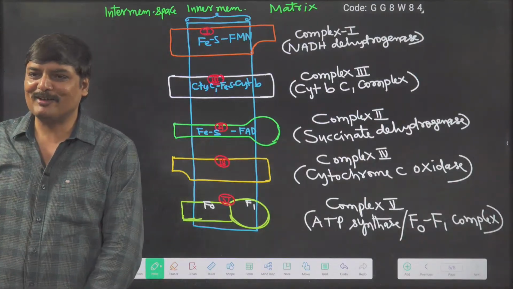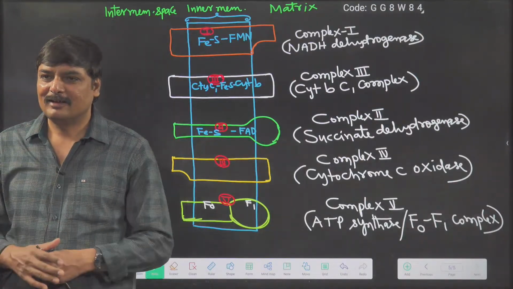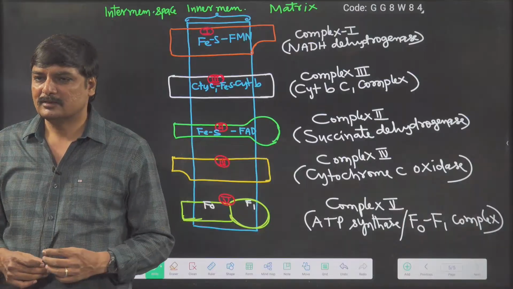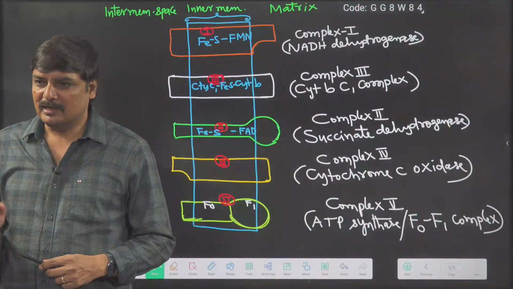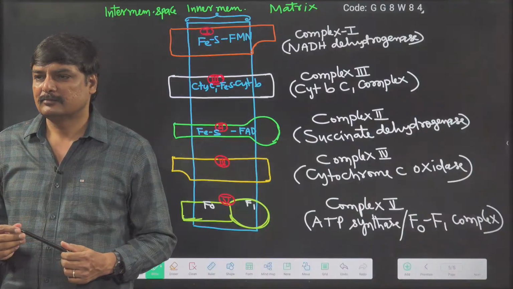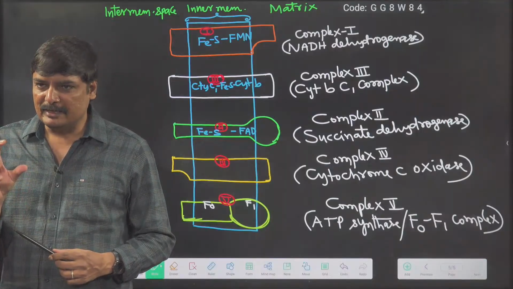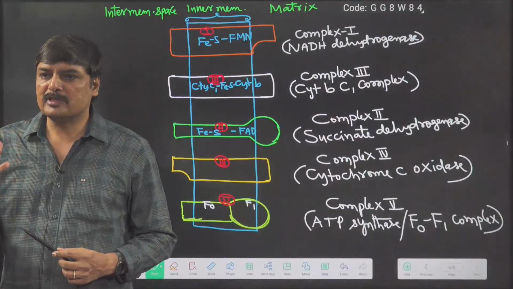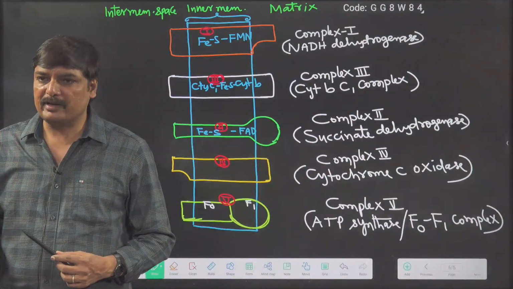All of you following well? Are you following well or not? I am telling slowly in a detailed manner. What is the ultimate result of this process? To produce the maximum number of ATP.